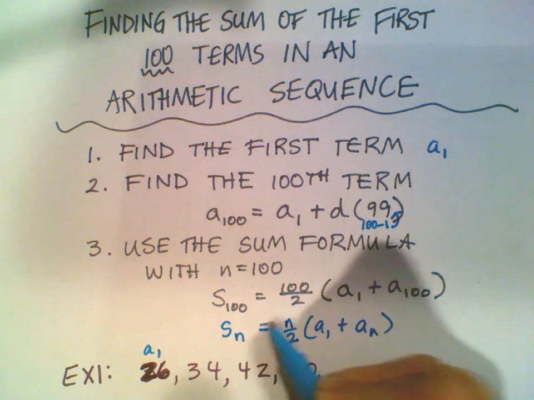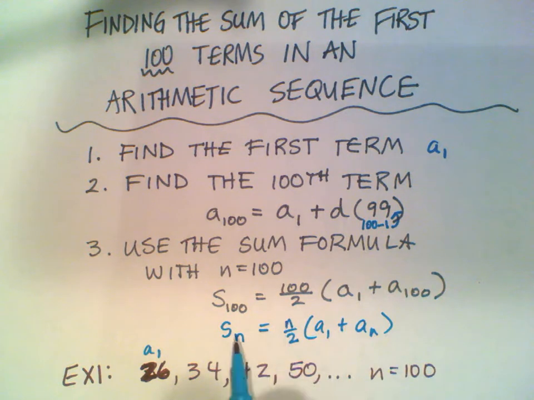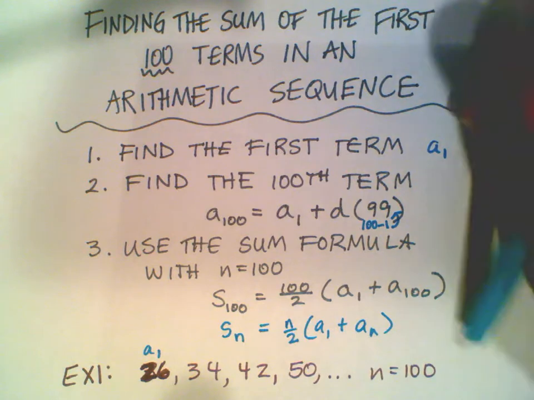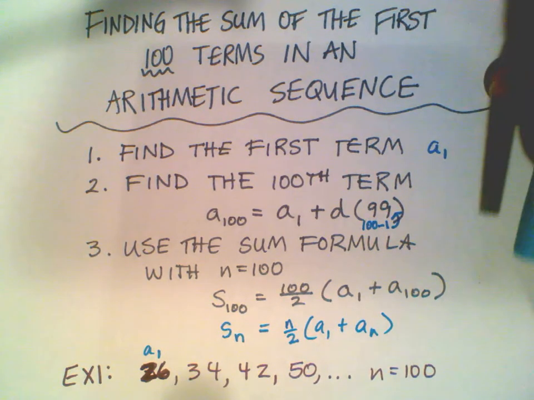So the sum of the first n terms. So n changes in terms of how many numbers I'm looking for. In this case, again, we're going to be specific to 100. Your problems are all going to use 100, so we're going to be specific to the formula where n is 100. Okay, so let's jump in and get to work.